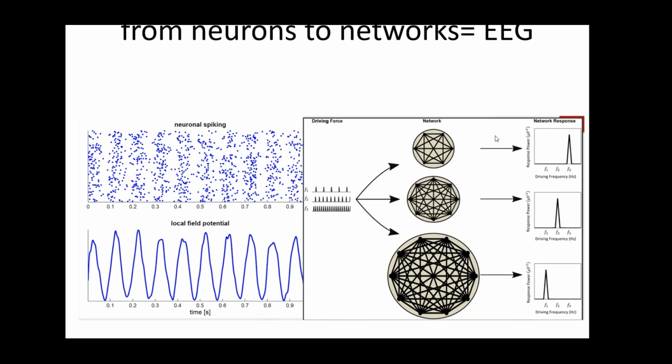To make sense of these squiggly lines, this cartoon is very important. It depicts each dot here as a neuronal spike. A spike in a neuron means depolarization. It means that the sodium channel is open, you have acute depolarization, you have a negative potential, and this is the little spike. The little spikes are each dot here.